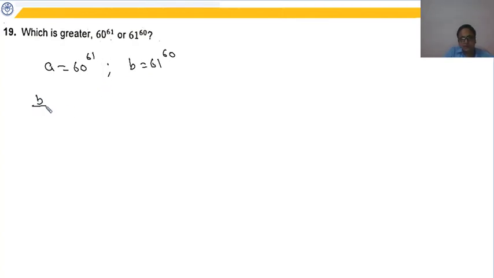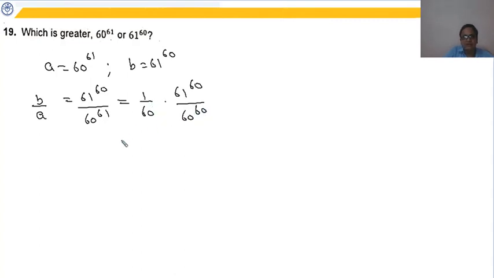Now we are finding the fraction B by A, that is 61 to the power 60 upon 60 to the power 61. This we can simplify as 1 upon 60 times 61 to the power 60 upon 60 to the power 60. We had kept 1 by 60 aside in multiplication.